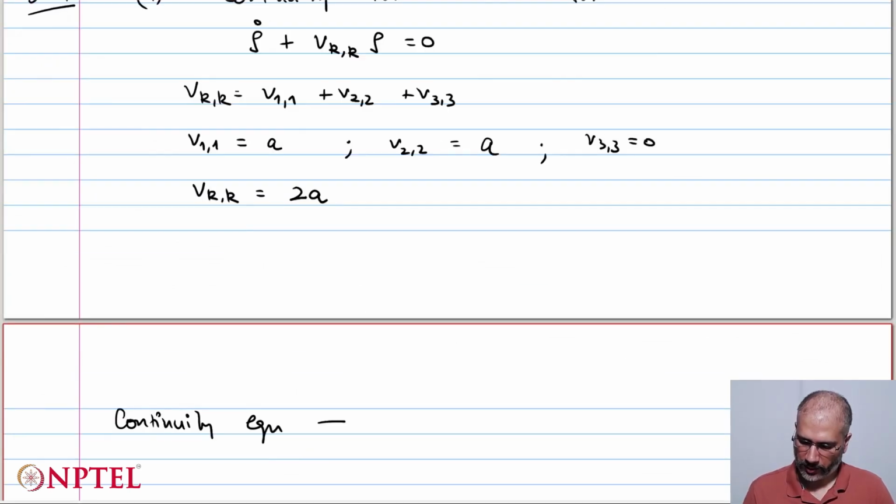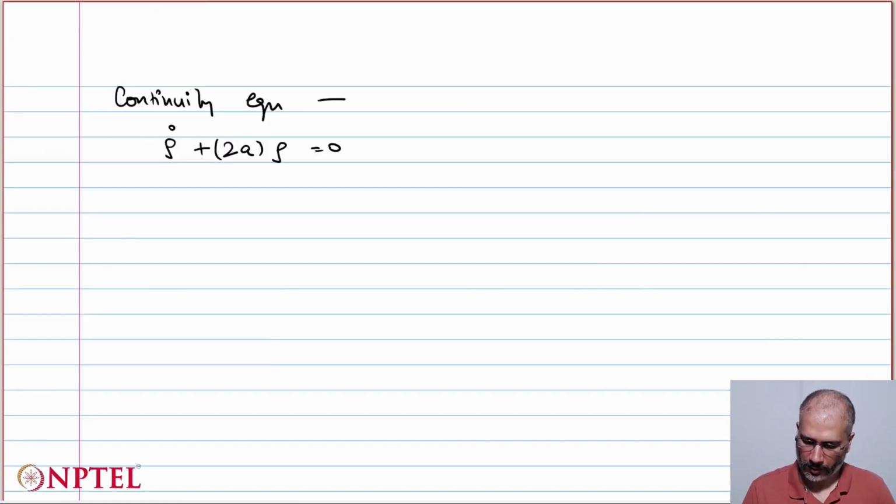So if I substitute this in the continuity equation, what I get is rho dot plus twice of A times rho equals 0. So now we need to solve this for the density field.